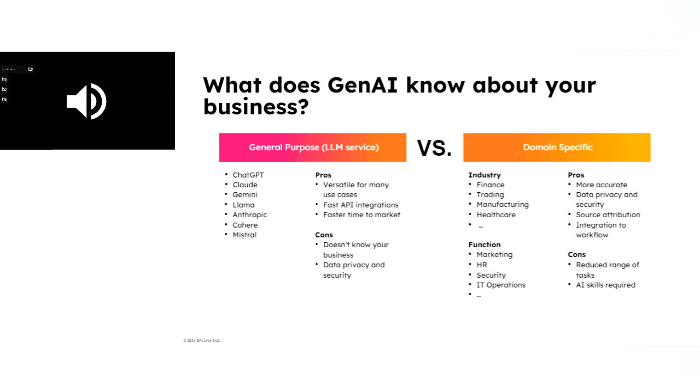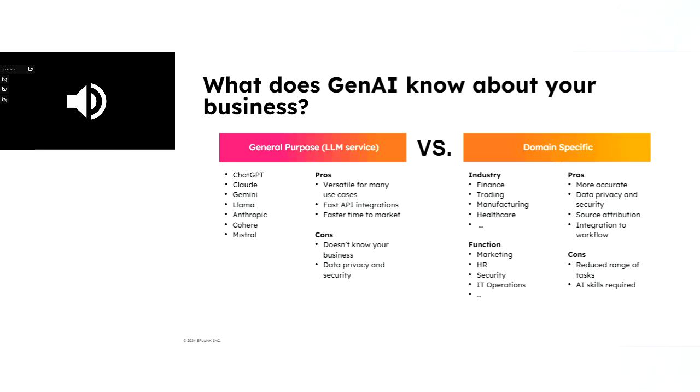So let's compare that to a domain-specific model. What is a domain-specific model? It's definitely smaller. These are models built for a very specific purpose and very specific task. This model could be built by function or by industry or maybe even both.